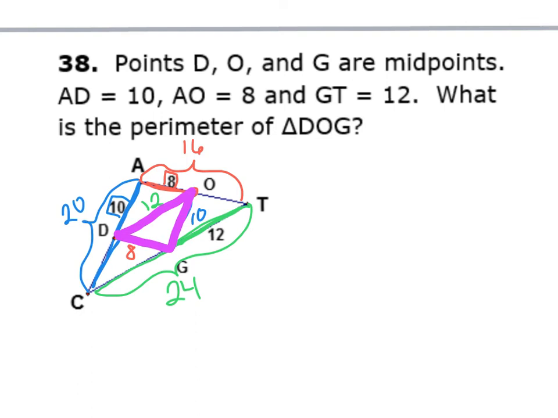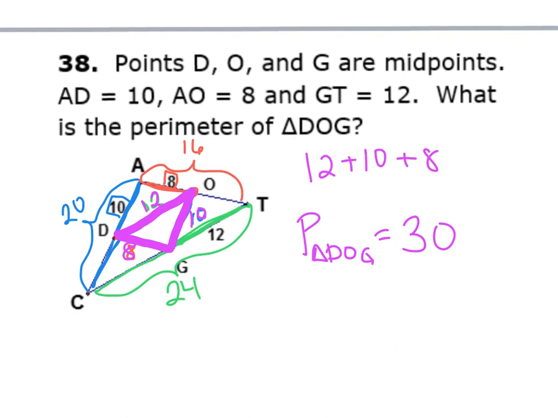So DOG, that means I'm looking at the 12 and the 10 and the 8. So when I add 12 plus 10 plus 8, I get a perimeter for triangle DOG of 30. And again, no units, so I am done here.